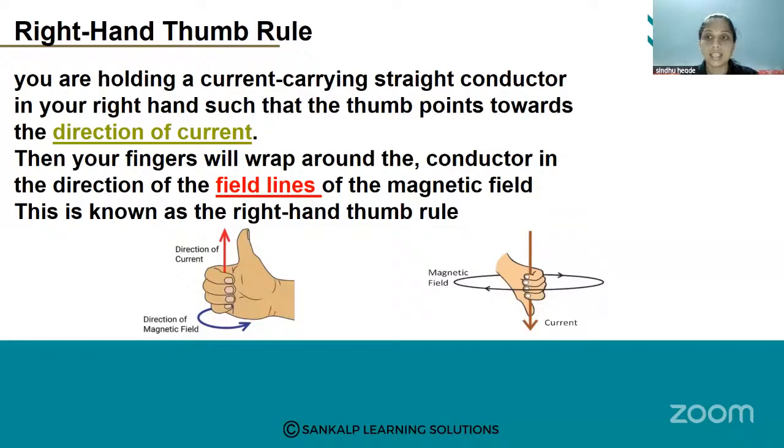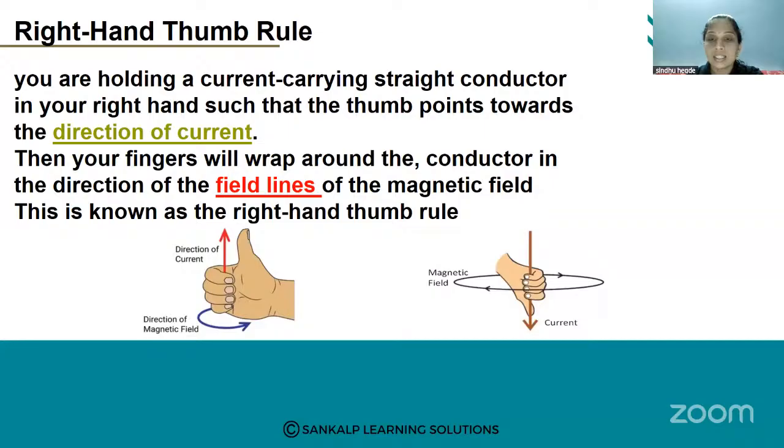It says that our thumb shows the direction of current, and the curled or wrapping fingers show the direction of the magnetic field. This rule is applicable to show the direction of magnetic field lines. What do we apply when showing the magnetic field line direction? The right hand thumb rule, right?